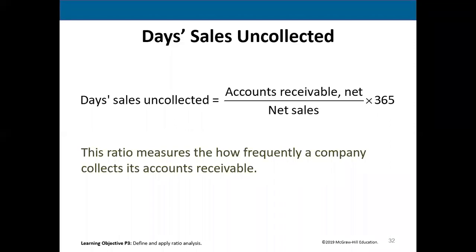So either way, you should get the same answer. I'll just grab my calculator here really quick. So 365 days divided by how many times your accounts receivable is collected during the year. Their number is just a little tiny bit higher.